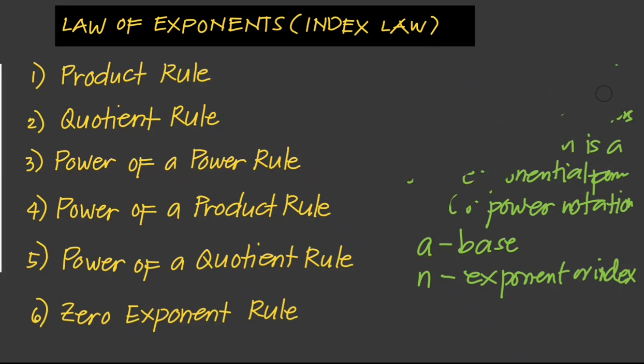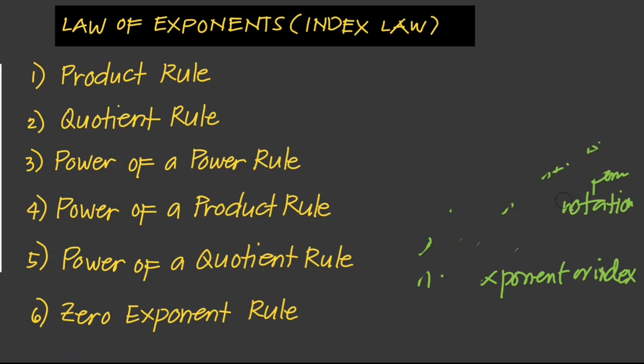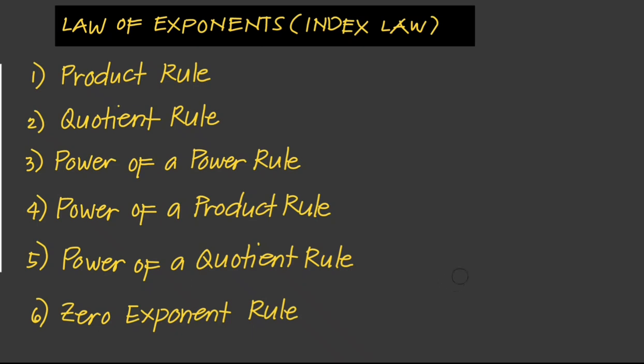The first one is the product rule. We can write the product rule as a to the power m times a to the power n equals a to the m plus n.